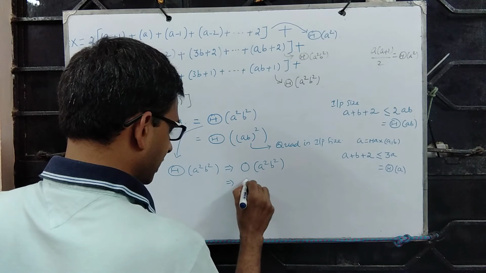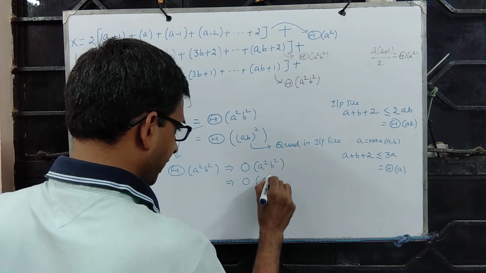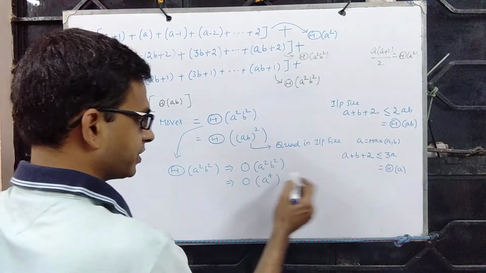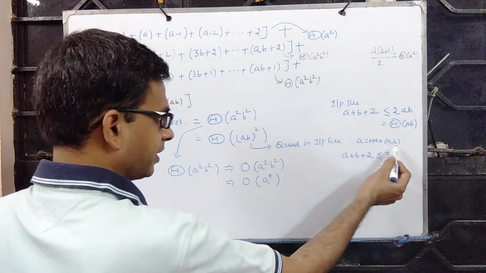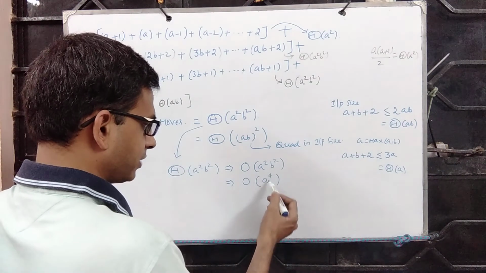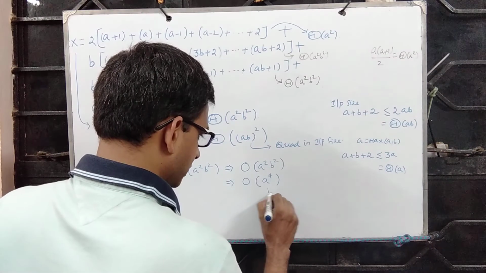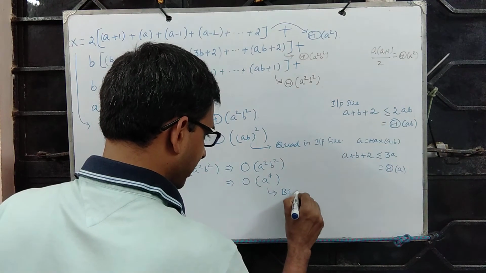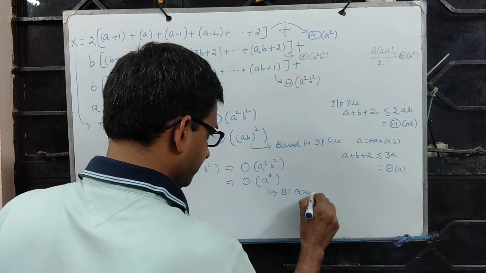This implies that it is order of A power 4. B is at most A, right? Between A and B, A is max, so B is at most A. So it is A square into A square, so A power 4. So this shows that this is A power 4, so biquadratic in input size.